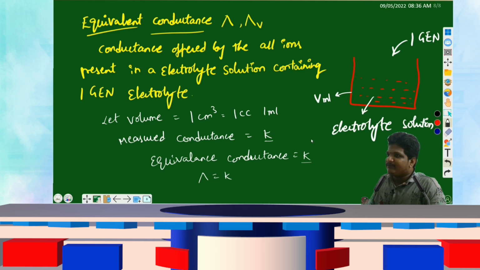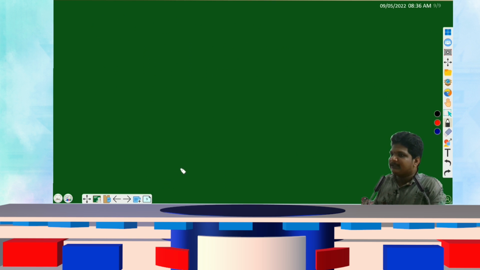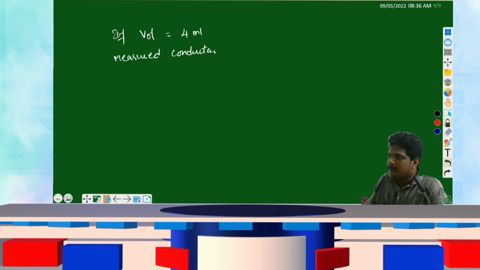Now if the volume of electrolyte solution is equal to 4 ml, the measured conductance is equal to 4 into kappa, because this 4 ml of electrolyte solution contains 1 gram equivalent electrolyte.